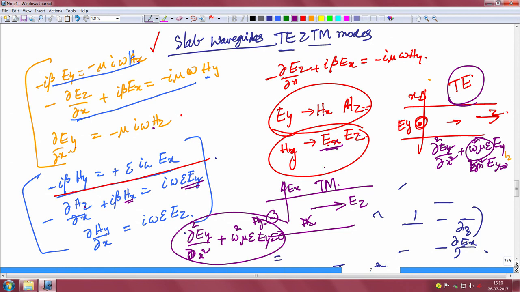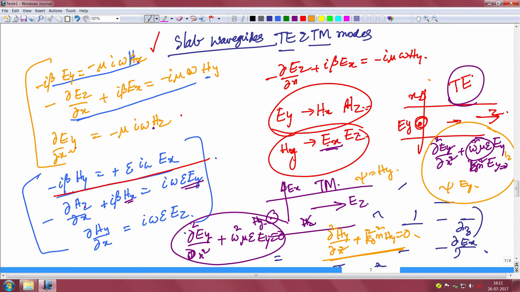This we can replace with k0 square n square times the Ey component. And similarly, for the TM modes, we get del square Hy by del x square plus k0 square n square Hy equal to 0. One important feature that we observe here is that we have the scalar wave equation, except that psi is replaced by Ey, and for TM modes psi is replaced with Hy.